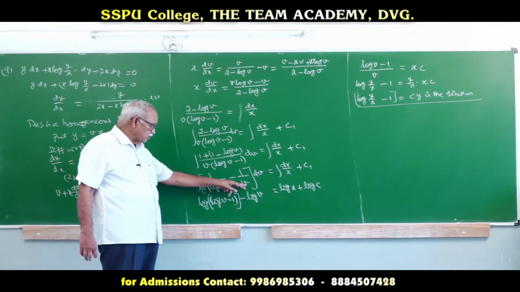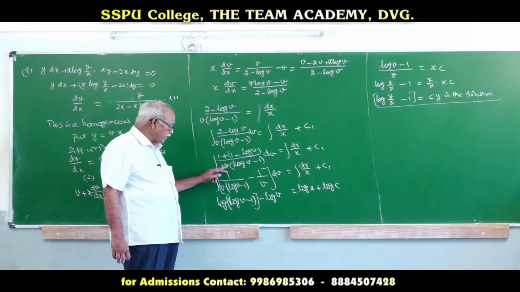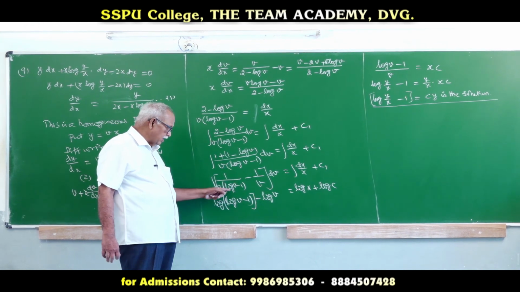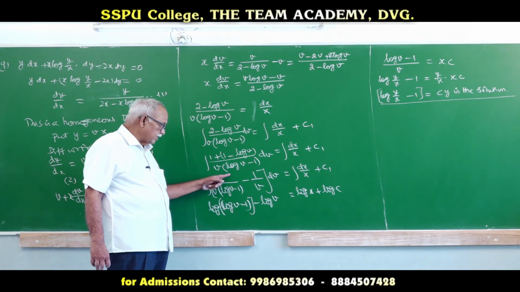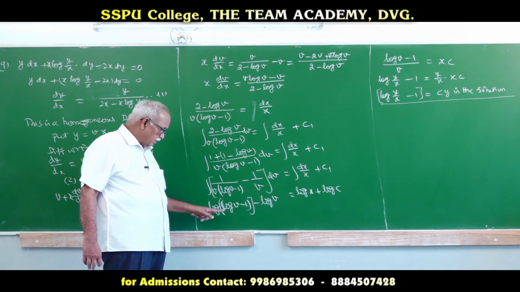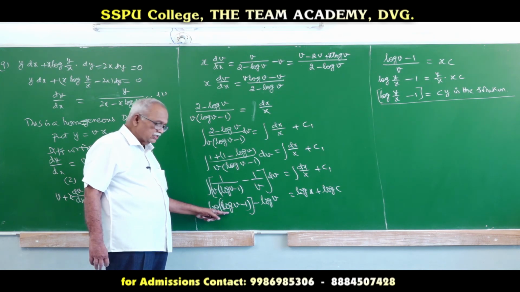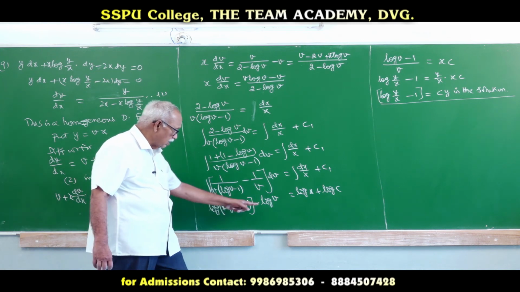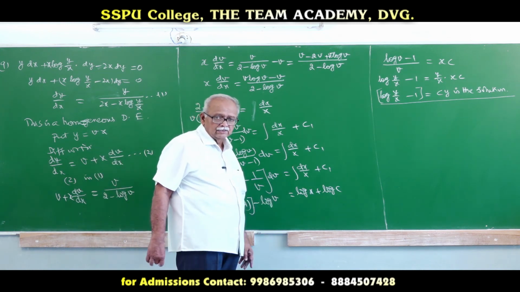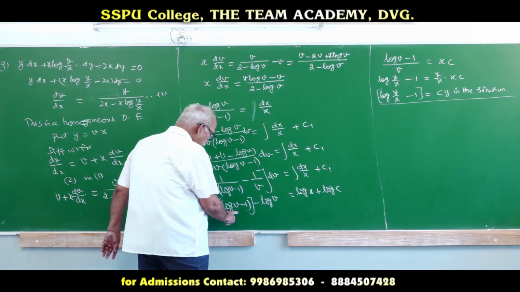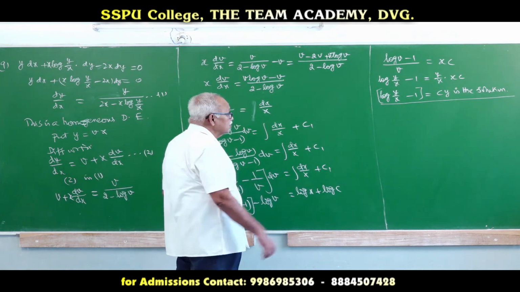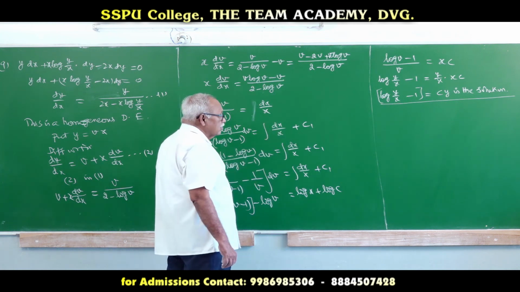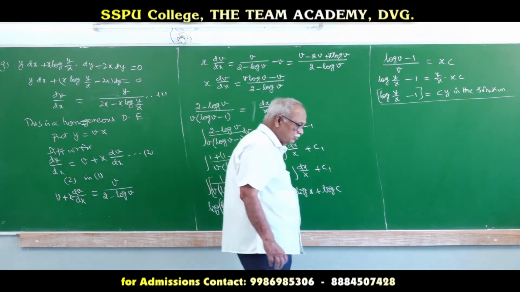So it is minus 1 by v you will get. Here 1 by v into log v minus 1, you can take log v minus 1 as substitution. So 1 by v dv becomes dt by t, you will get log t, where t is log v minus 1. Logs cancel. So this is log v minus 1 by v, and it is log xc. So we have simplified it and got the answer like that. Let us go to the next question.